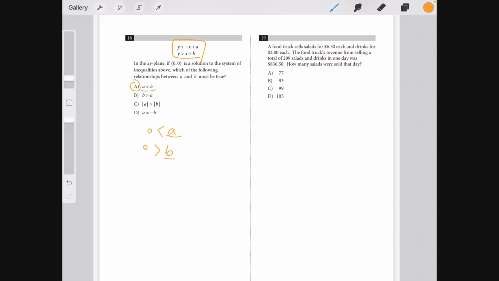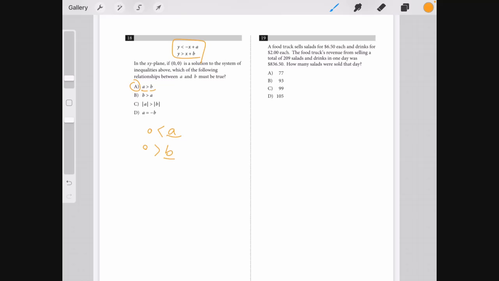A food truck sells salads for $6.5 each and drinks for $2. The food truck's revenue from selling a total of 209 salads and drinks in one day was $836.5. How many salads were sold that day? All right.